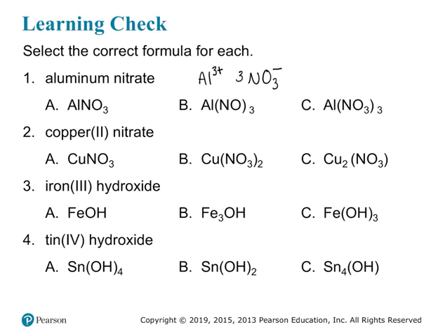So in A, we have AlNO3, so that just tells us we have 1 of each ion. Okay, so that's not correct because we know we need 3 nitrate ions. In B, we have Al, and then in parentheses NO, followed by a subscript 3. Okay, so this one also doesn't work because NO is something different from NO3, so we really need to keep that 3 with that oxygen there for NO3.